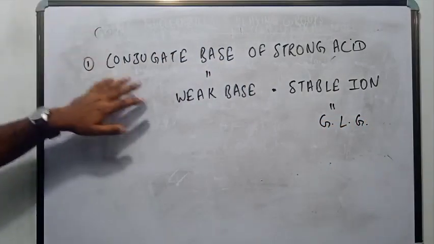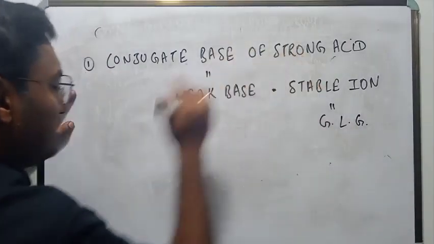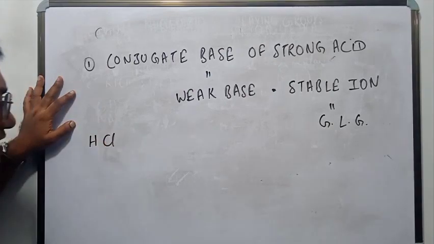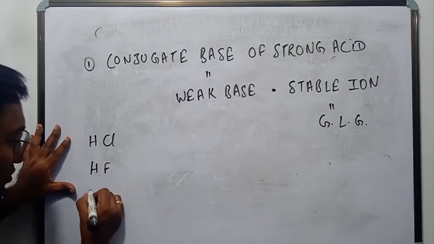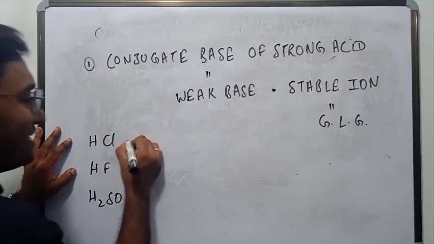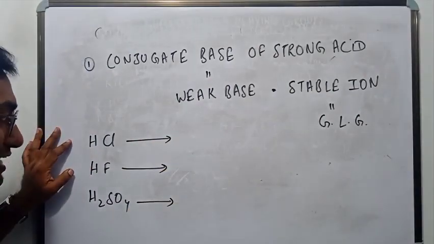Let us understand this statement by example. We take strong acids. What are the strong acids that come to our mind? HCl, correct? HF, right? And H2SO4, fine. Now let us dissociate them. Of course, they are strong acids, so they would dissociate.